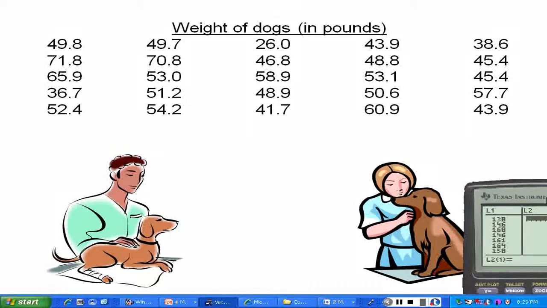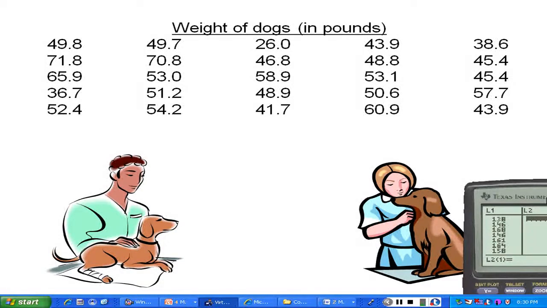The first sheet that I had printed out was wrong. It had 119 instead of 118. So it should say 26.0. Please check the other ones, make sure they're correct.